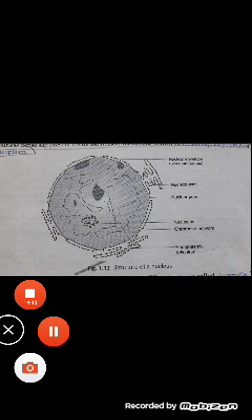A eukaryotic chromosome results from the condensation of the chromatin, which happens only during the early part of cell division.